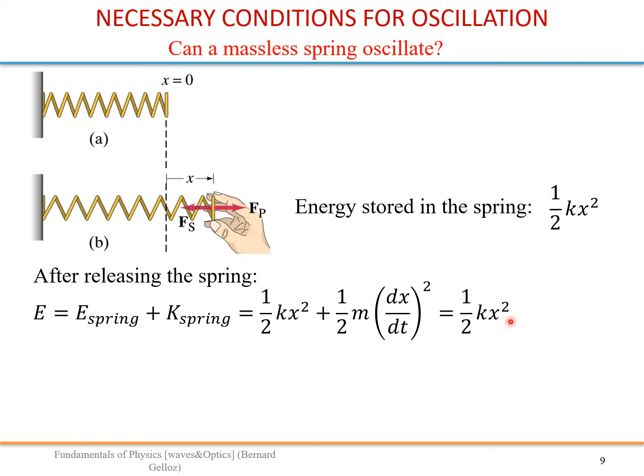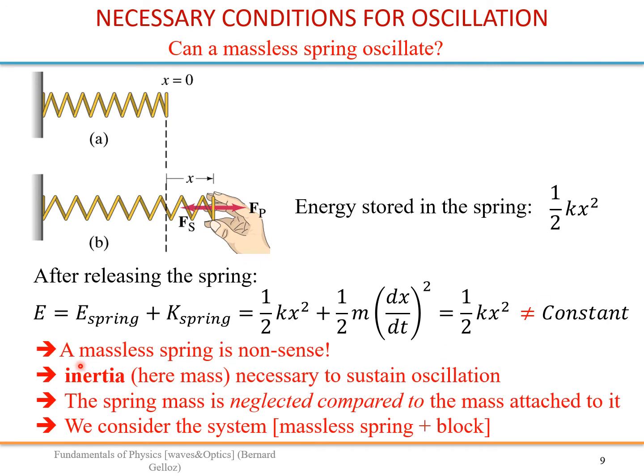So this is an odd situation, because if there is a force, kx to the left, x is expected to change here. So it means that the energy is not conserved. So we reach a kind of nonsense here, and in fact, this is due to the simple fact that a massless spring is nonsense.